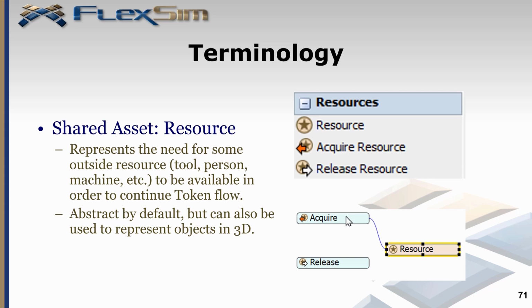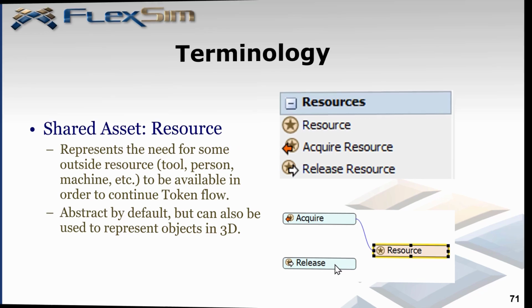If it can acquire it, it'll proceed. If it cannot acquire it, it'll wait. Now you can have a max wait timer set on the acquire activity that will say, after waiting so long for a resource, if you do not acquire what you need, continue on. But typically the token just stays in the acquire until it can acquire the resource, and then it proceeds on through a series of activities, and then somewhere downstream it'll hit a release activity and it'll release the resource.